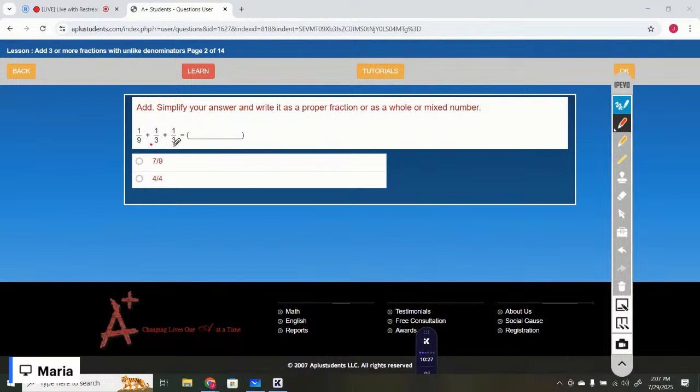So we need to make that 3 equal to 9. So 3 times 3 is 9. So we have to multiply these fractions by 3.